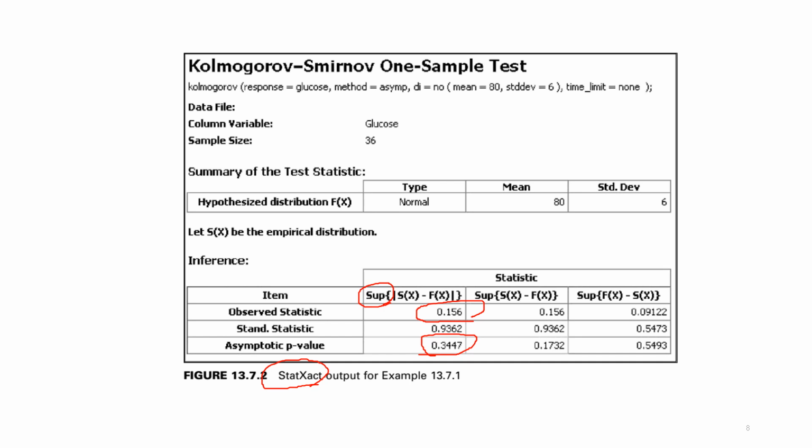So we are unable to reject the null hypothesis. Then this one is the reverse side, F(x) minus S(x), which is actually the same thing. Even though we didn't calculate the probability, when we look at this computer output, you can figure out whether we can reject or not.